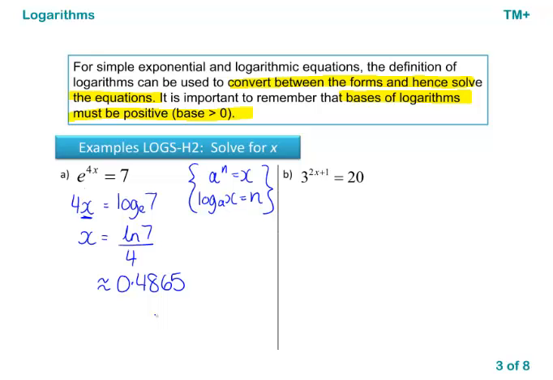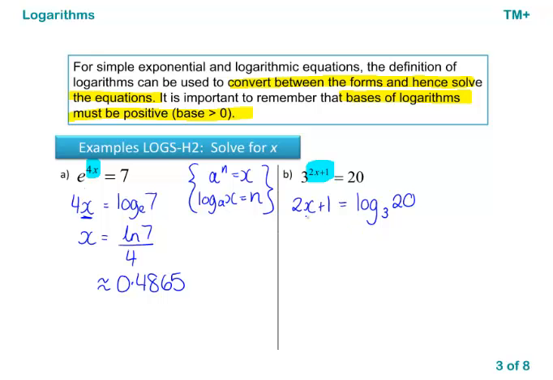In the next one, 3 to the power of 2x plus 1 equals 20. Again, let's rewrite it as a log. I can write that as 2x plus 1 equals log base 3 of 20. Whenever you want to find an unknown that's in an exponent, rearrange it into a log. That's the best way of doing it.